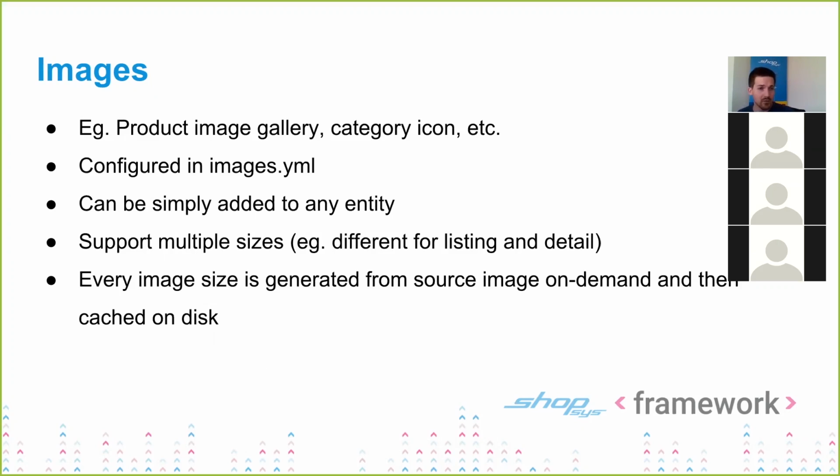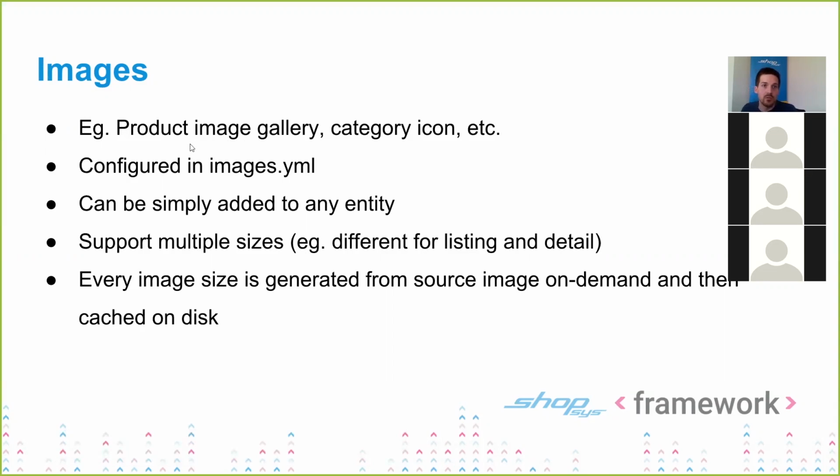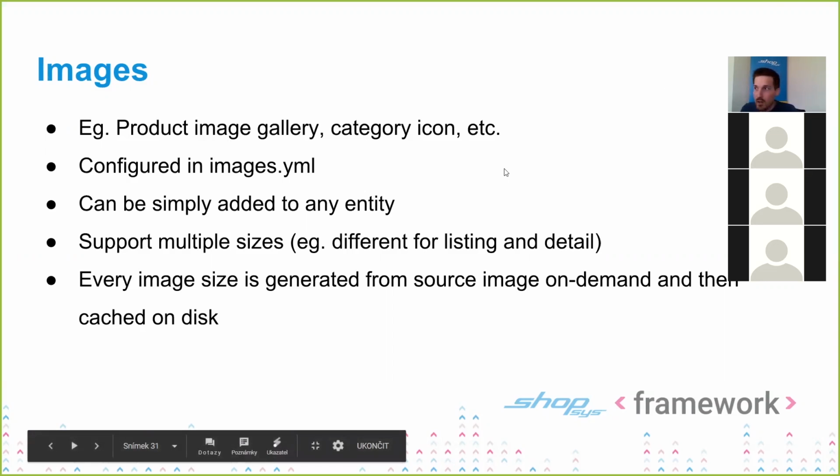And similar to friendly URLs, in the similar way how you could add support for friendly URLs to any entity, you can add support for images to any entity. Right now, images can be uploaded to, for example, products, to categories, and so on.